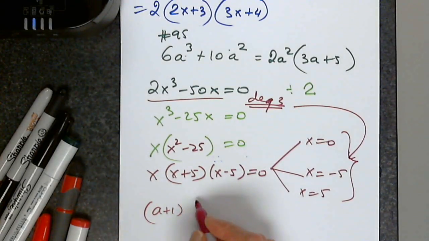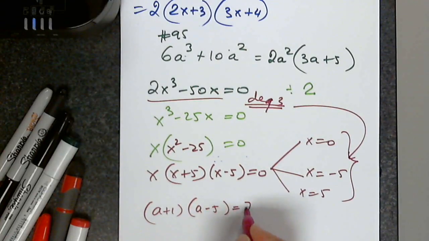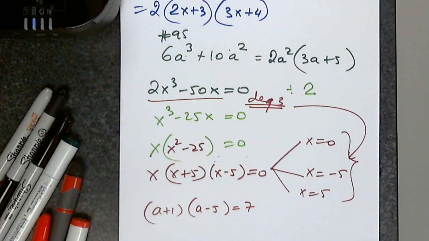a plus 1 times a minus 5 equals 7. What do I do?